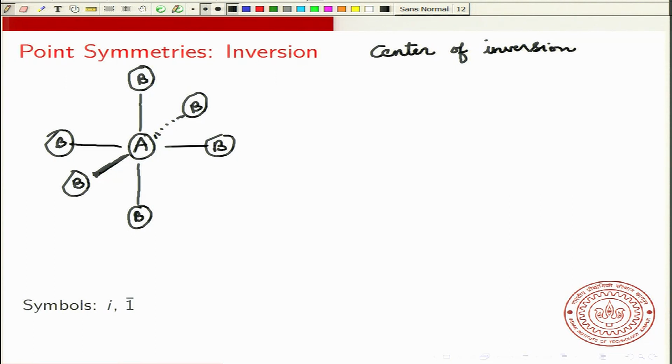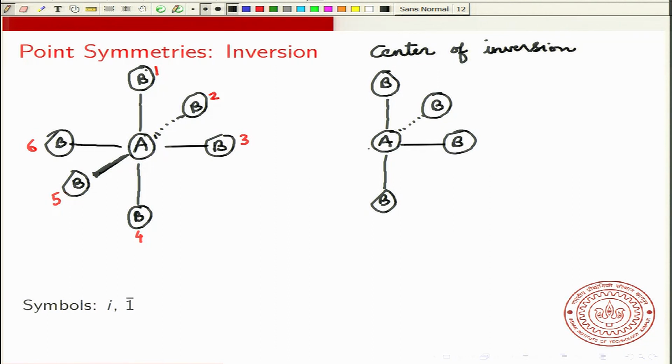Now you see that this A, if you invert about this A, and if I label these B atoms as 1, 2, 3, 4, 5, 6, then what you see is that after inversion you end up with something that looks like A, and now the B that is here is a different B. So, after you invert, this 4 comes here.